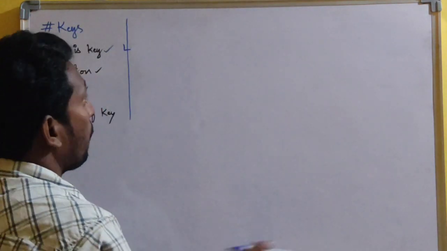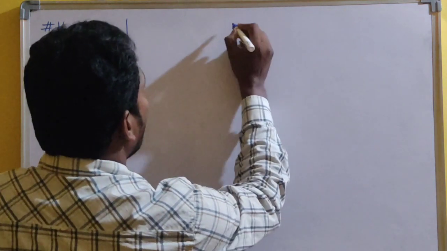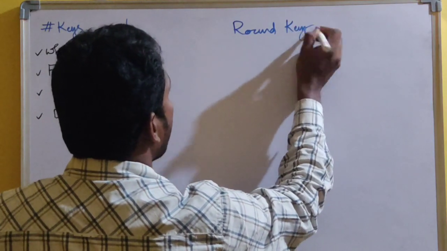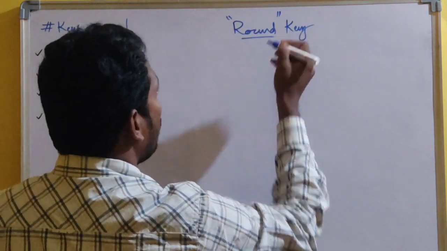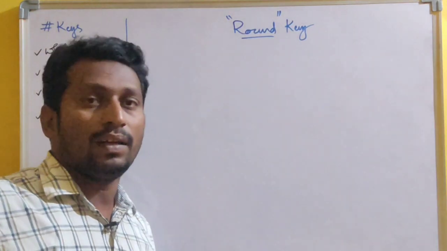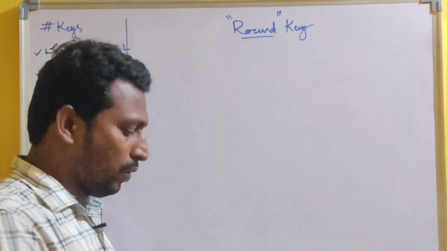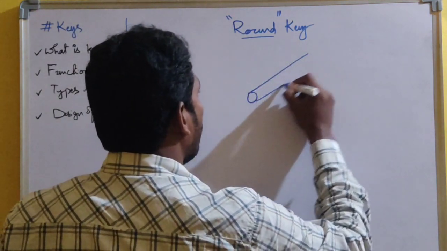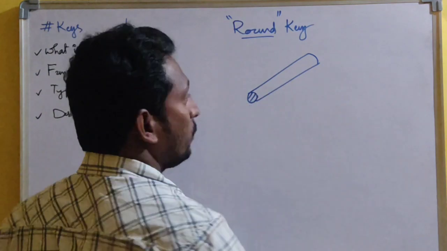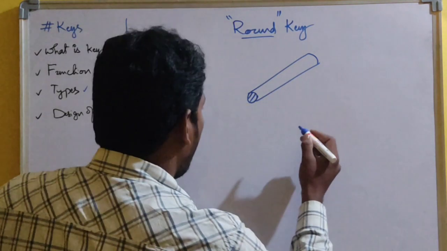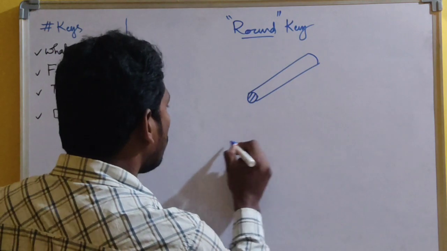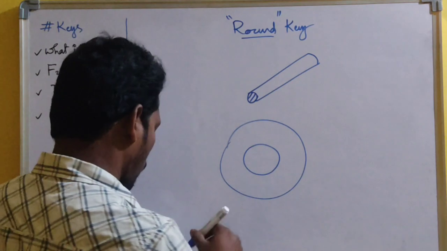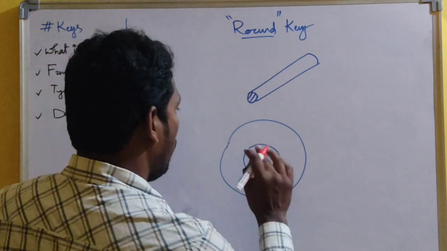And the next one is the round key. As the name itself suggests, it is a round key, so the cross section will be circular. For example, this is the hub and this is the solid shaft.